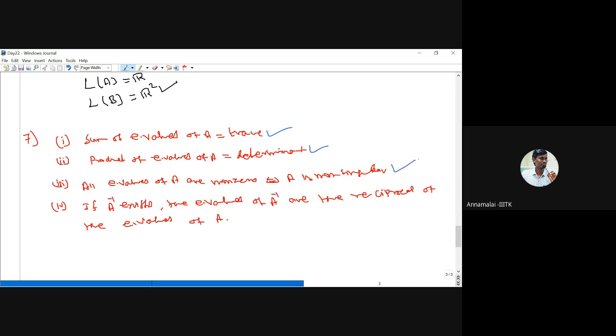A inverse exists means the determinant is non-zero, so all the eigenvalues of A are non-zero. Therefore, we can define the reciprocals of the eigenvalues of A. This is also true. Therefore, all the statements are true.